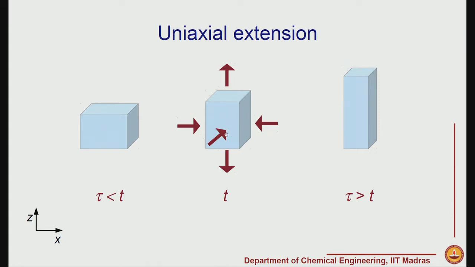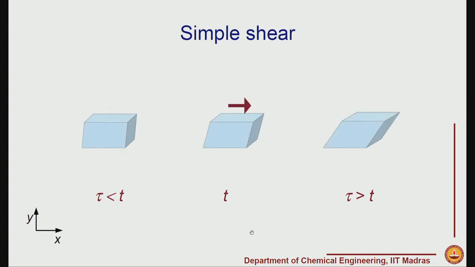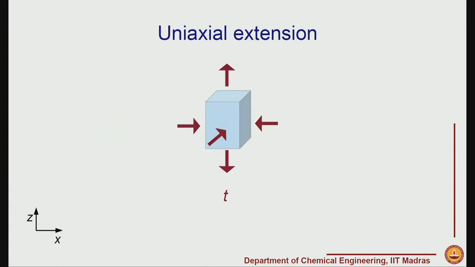In fact, we will see that the position of a material point will have to change exponentially. In this case, when we achieve a constant rate of shear, the plate has to move at a constant velocity. That is easier to manage. In this case, to have a constant rate of extension, the plate will have to move exponentially.